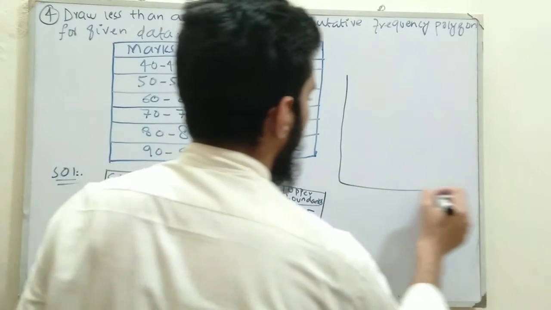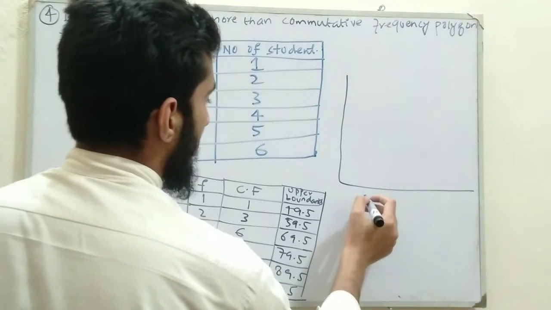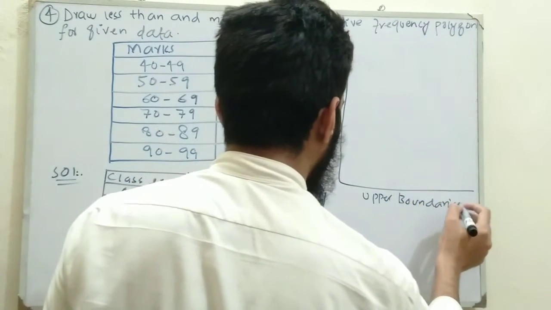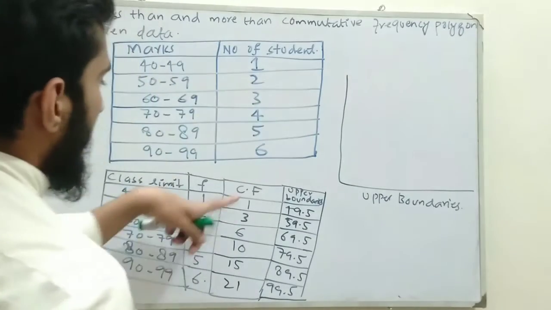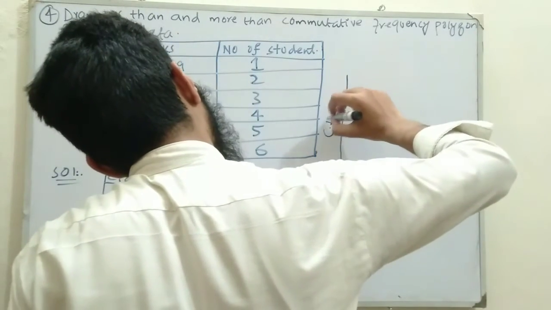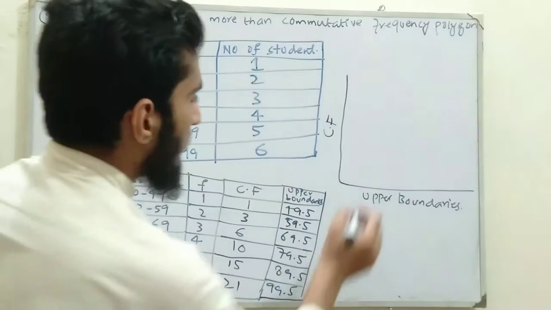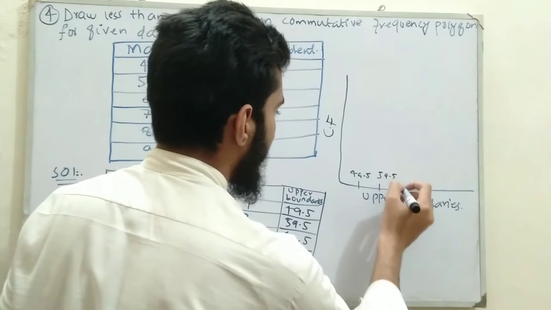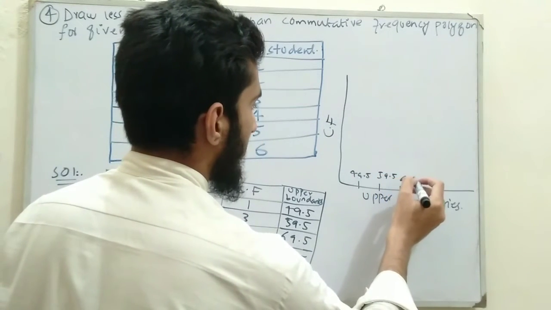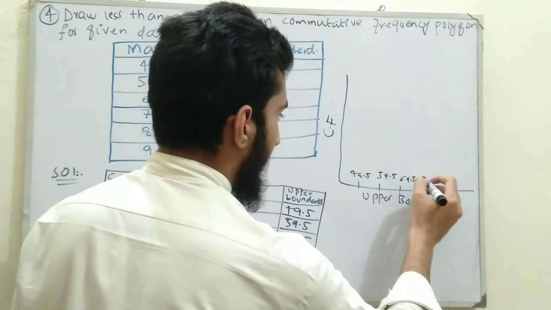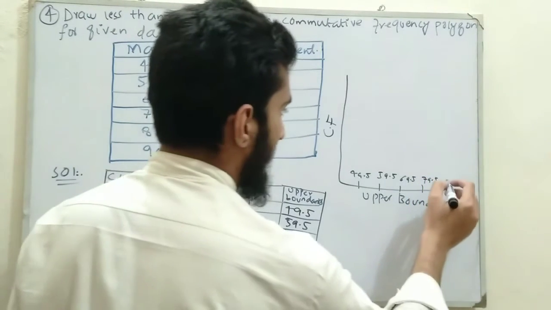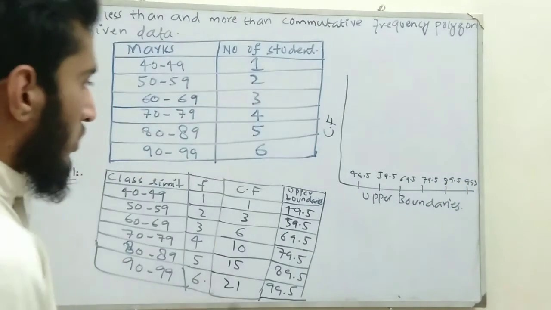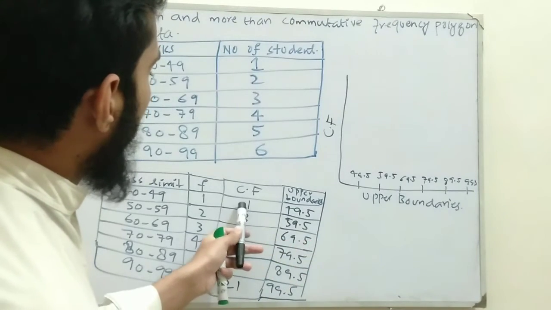So along the x-axis we will consider the upper boundaries, and along the y-axis we will consider the cumulative frequency C.F. So upper boundaries are 49.5, 59.5, 69.5, 79.5, 89.5, and 99.5. In front of 49.5 we have cumulative frequency 1.